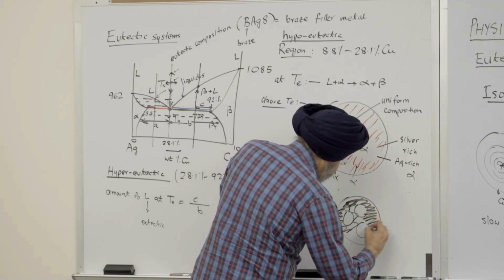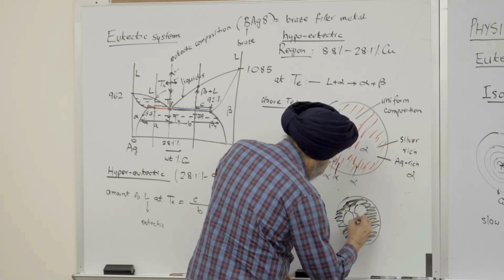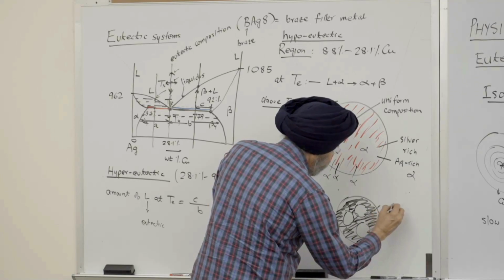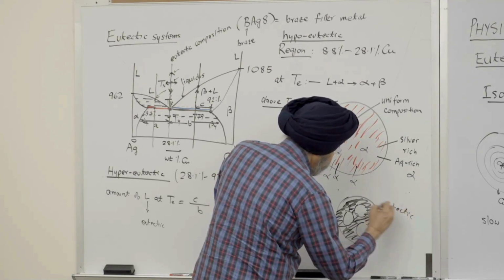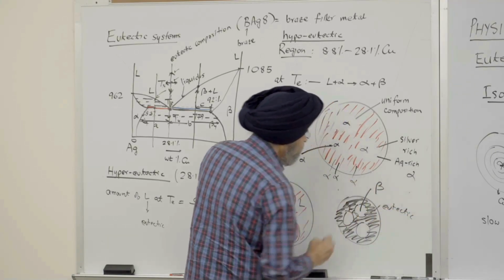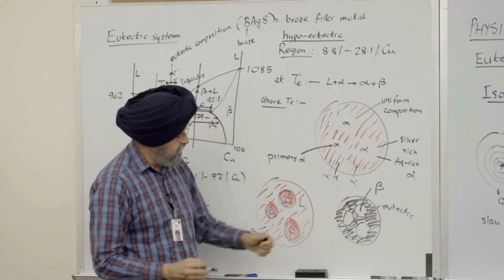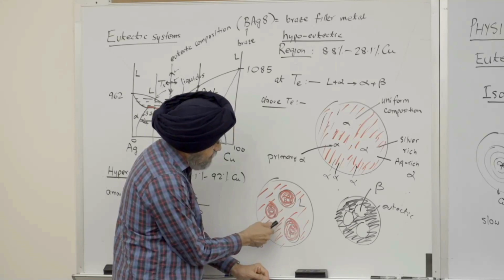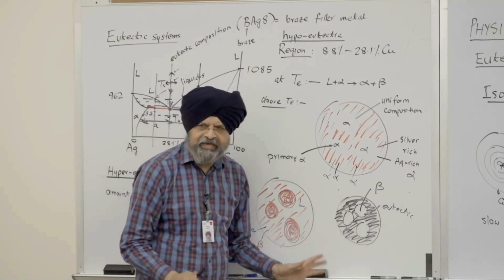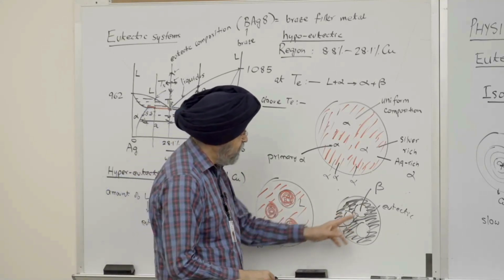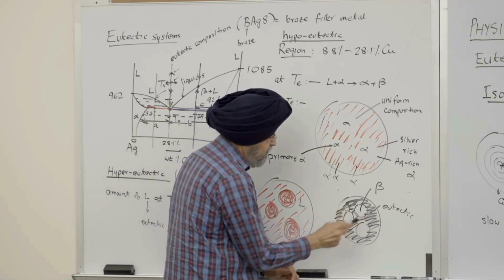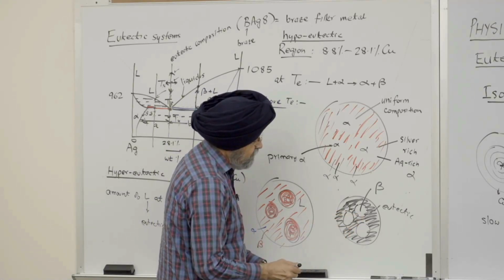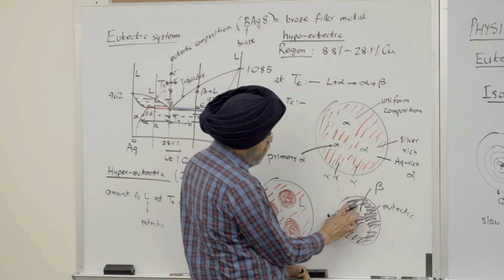This dark structure I've drawn is eutectic, and this is my beta. So you see two features in the structure, because at low mag you cannot resolve these lines. It just looks like a blackish mess. So you have different shades, a bright shade and a dark shade. So we have these two features.